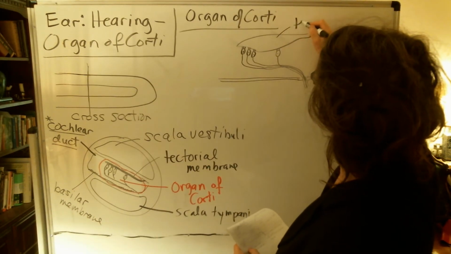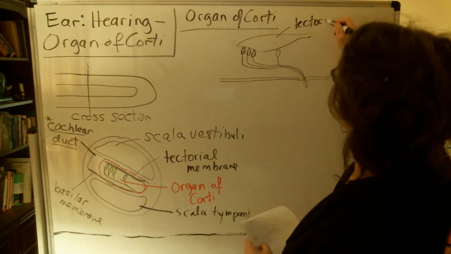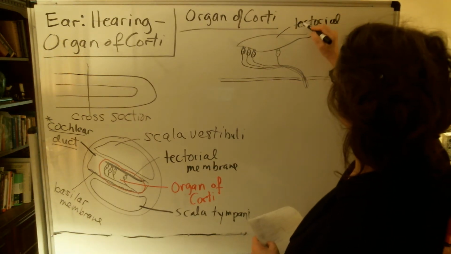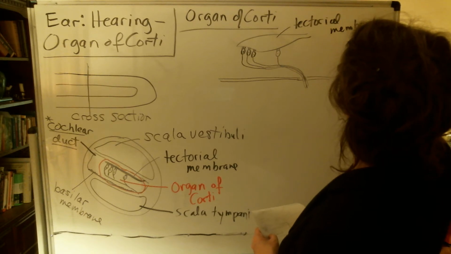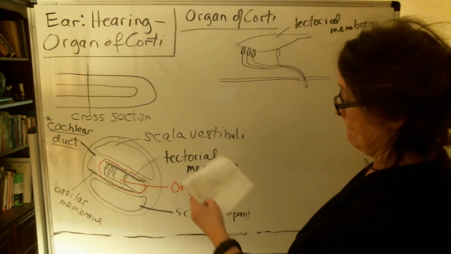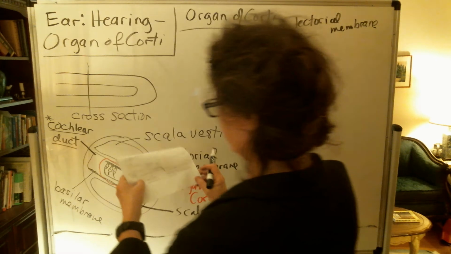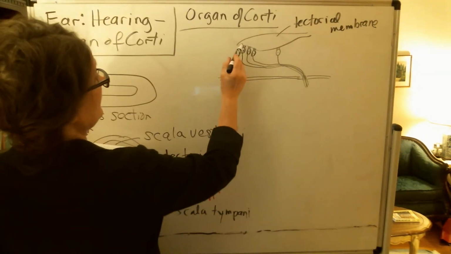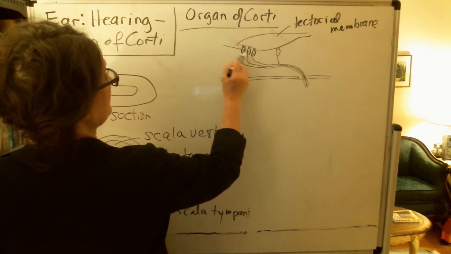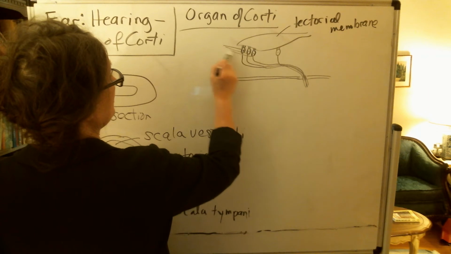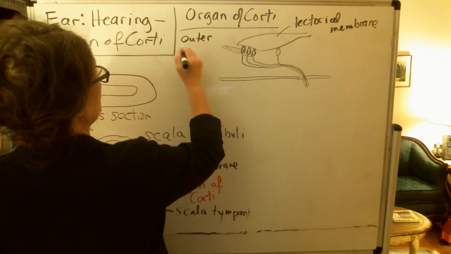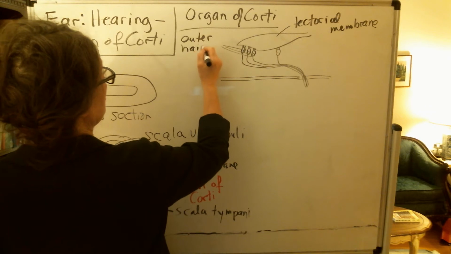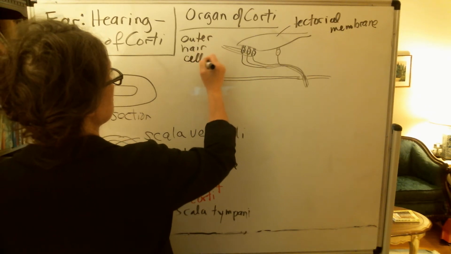This is the tectorial membrane. These three things here are your outer hair cells.